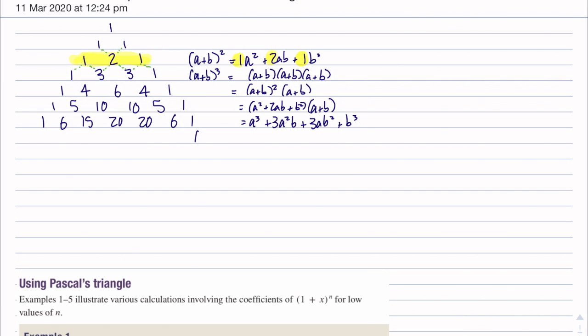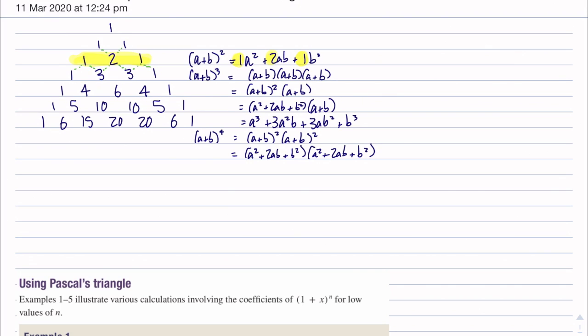And if I had a plus b to the 4, then that's the same as a plus b squared times a plus b squared, so a squared plus 2ab plus b squared, times a squared plus 2ab plus b squared.